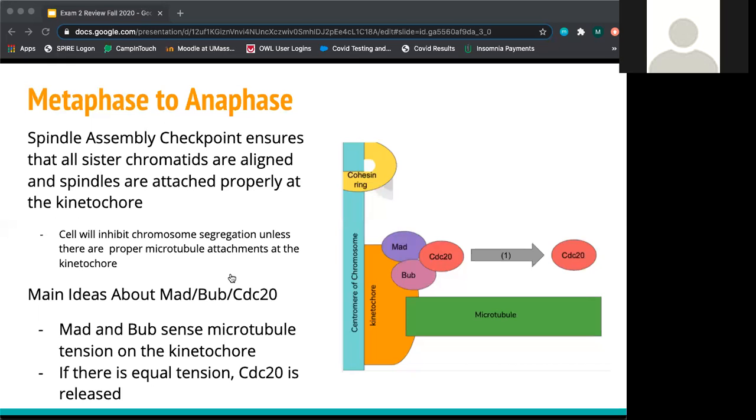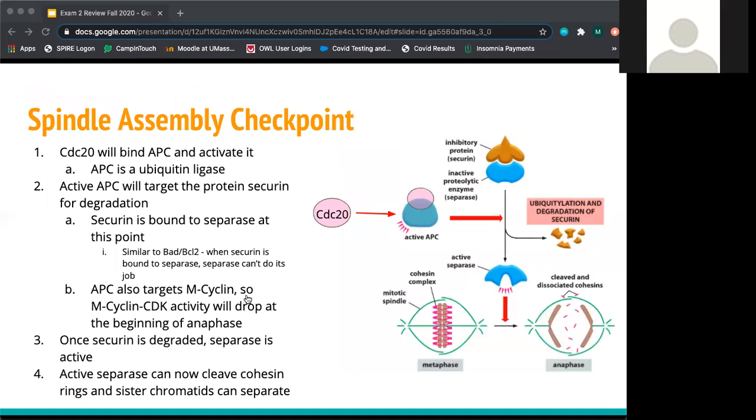And this is where we get into the main spindle assembly checkpoint mechanism. So we don't have to go too much in depth about MAD BUB, but just know that they're part of this protein complex and they're meant to sense the right tension to release CDC20.